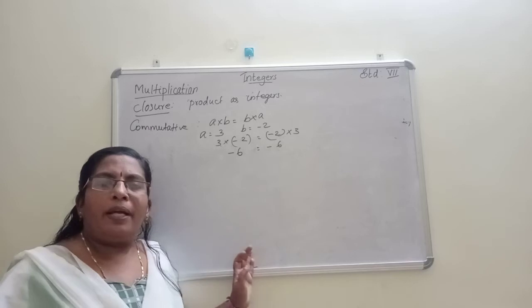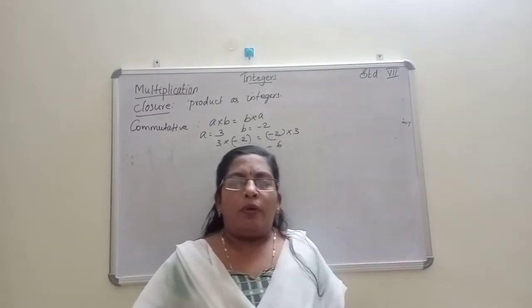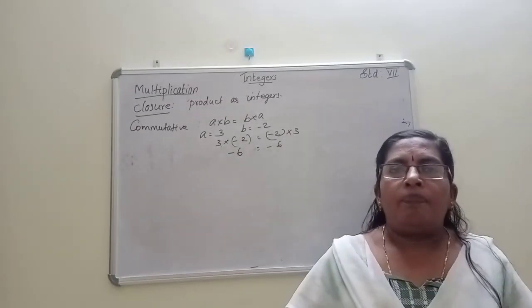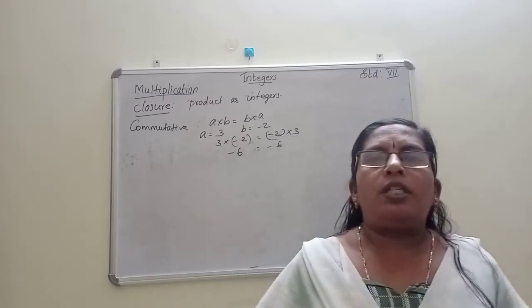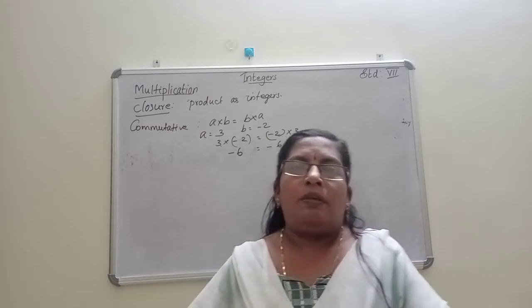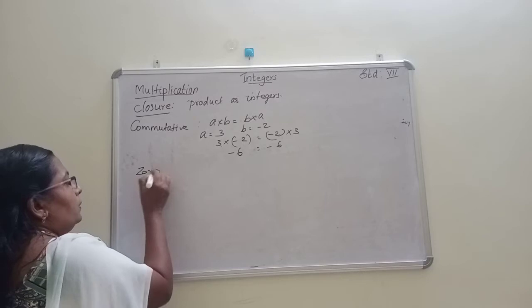Next is multiplication by 0. Any number multiplied by 0 gives 0. Whether it is a positive or negative integer, when we multiply with 0, it gives 0.